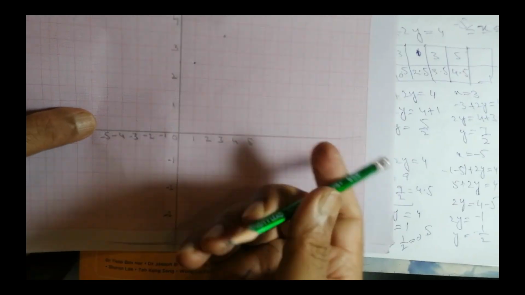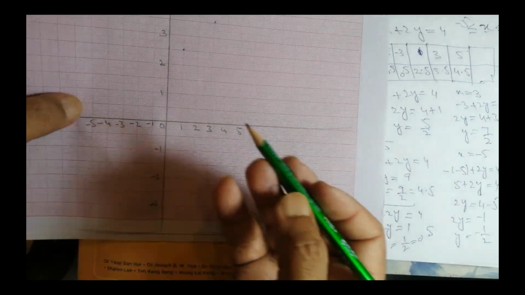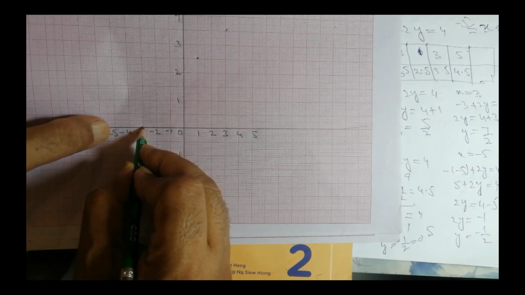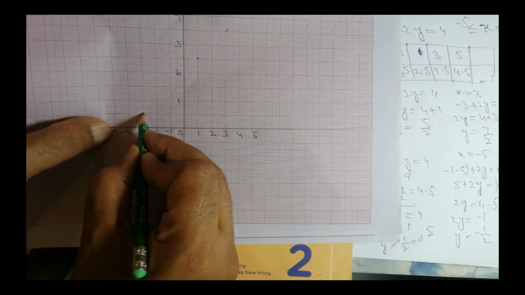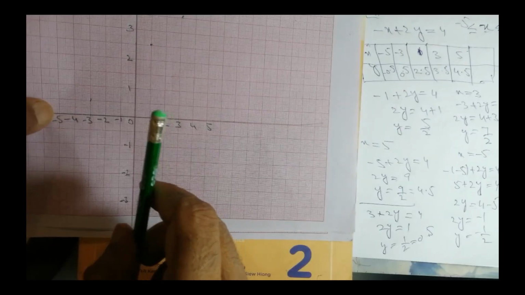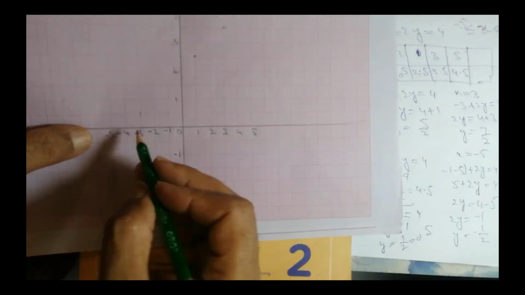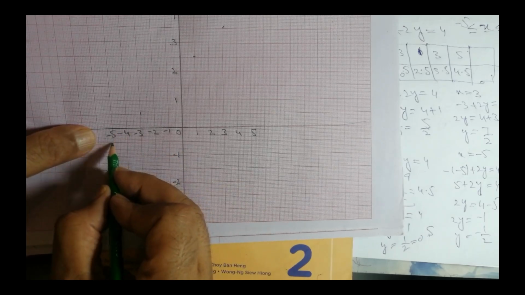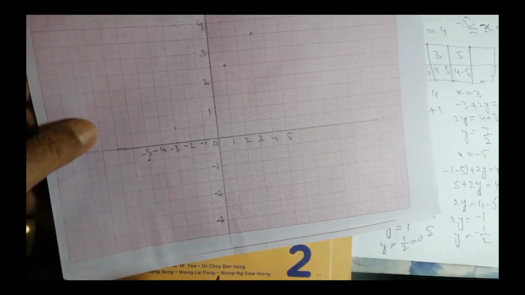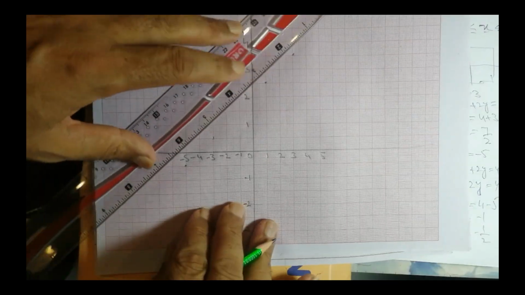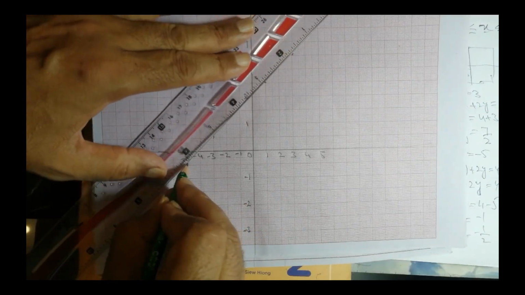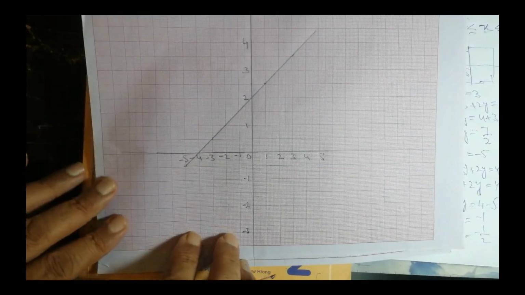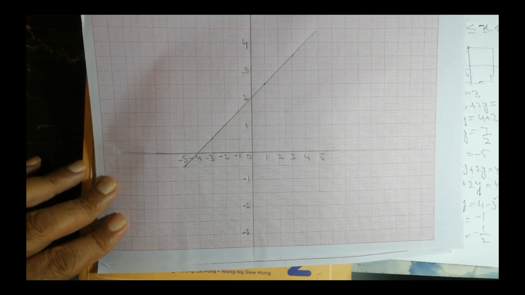Then we plot -3 and 0.5, and -5 and -0.5. So we can join the points. You see that all the points lie on the same straight line. So this was the answer.